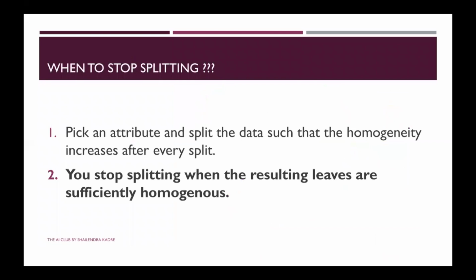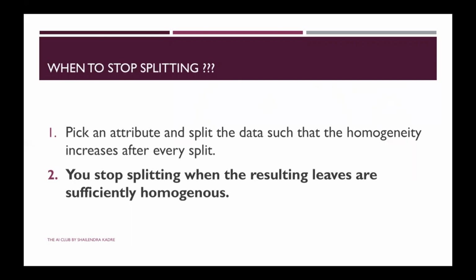Now pick an attribute and split the data such that the homogeneity increases after every split. Fine, so if there are n number of features, we have to pick that feature and make the decision in such a way that when the decision is applied and the data is split, we get the maximum homogeneity. And this should apply to each and every split throughout the decision tree.